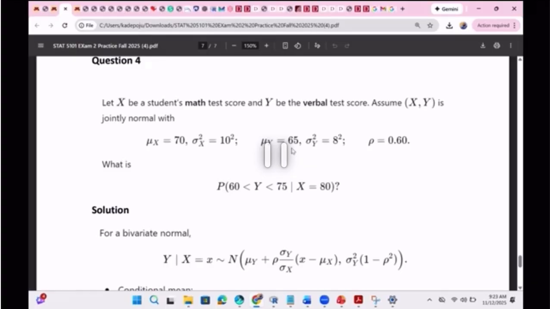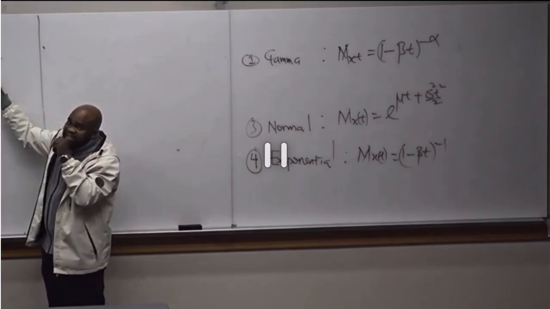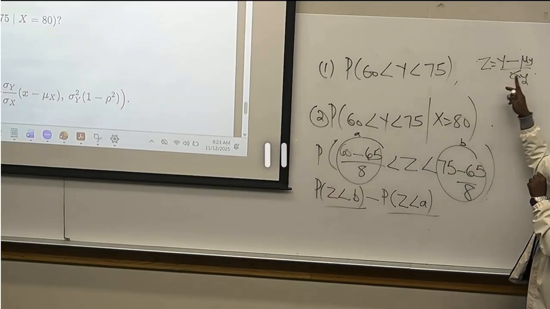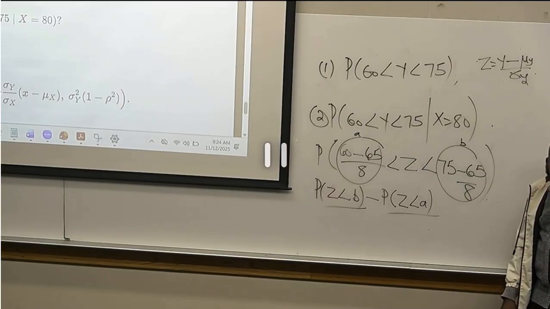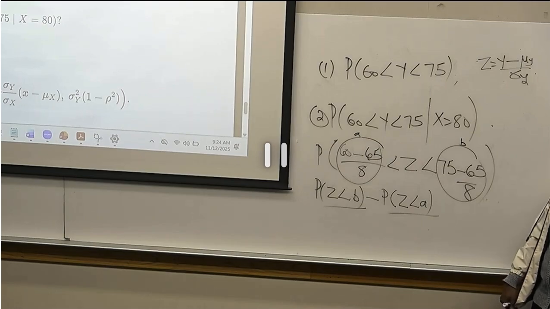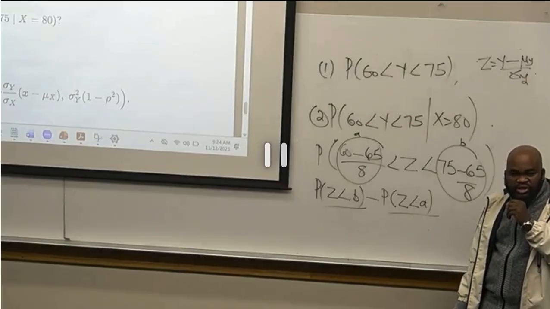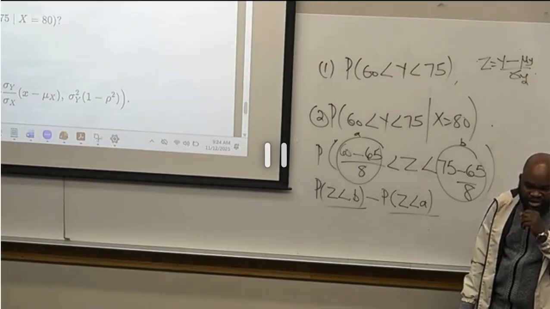Here I used the unconditional mean and unconditional standard deviation. If I want to answer this question, that is no longer appropriate. So instead, I'm going to use the conditional mean and conditional standard deviation.